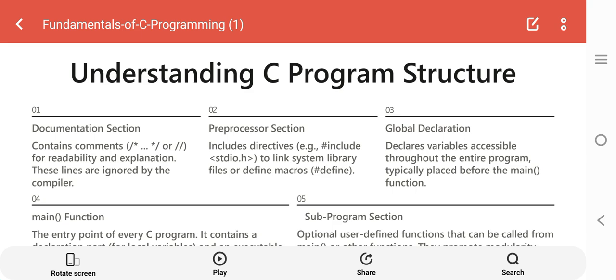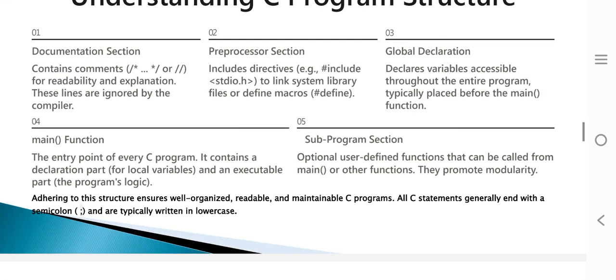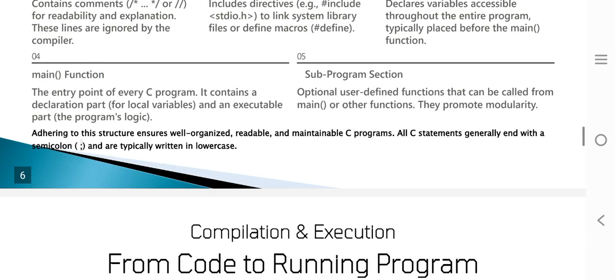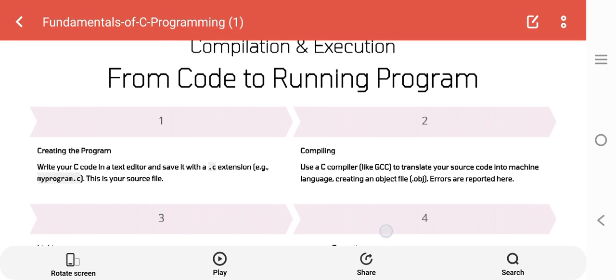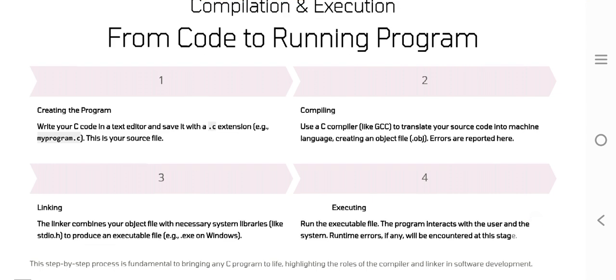Once we know the structure, the next step is to see how a C program is compiled and executed. So this slide shows the compilation and execution process, which includes writing the source code with the .c extension. The second step is compiling the code to check for errors and generate the object file.